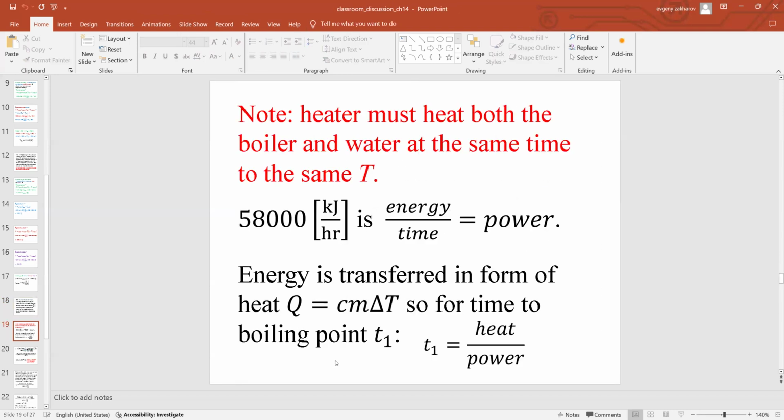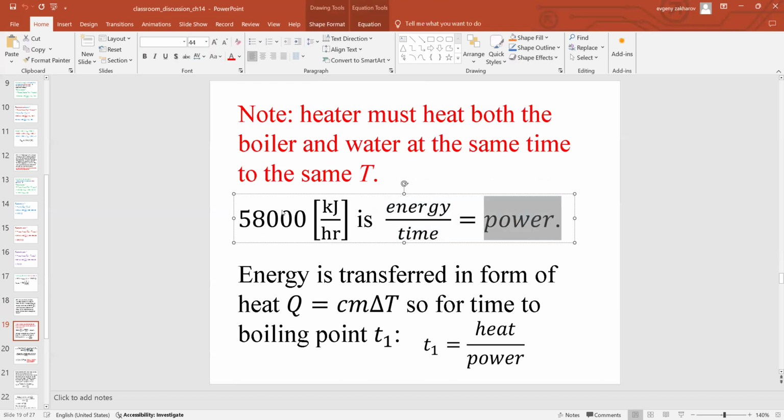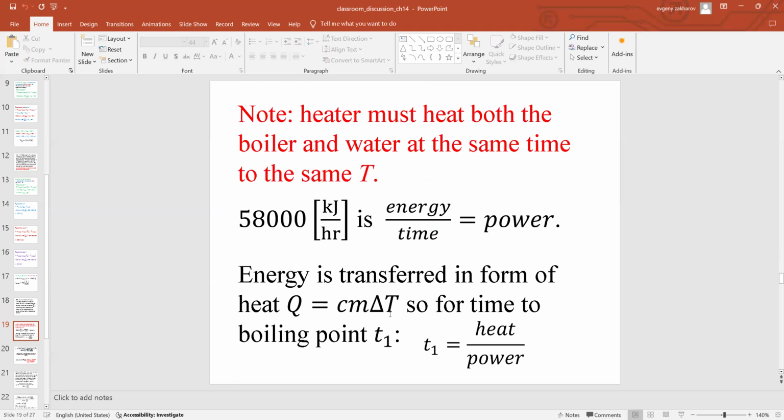So first of all, what is the energy per time? Energy per time is what we call the power. So what you have given here is the power for that heater. And if you want to figure out how much energy is transferred at a certain rate, you multiply the power by time. Or if you want to solve for how much time, you have to divide the energy by power, and energy would be the heat this time.